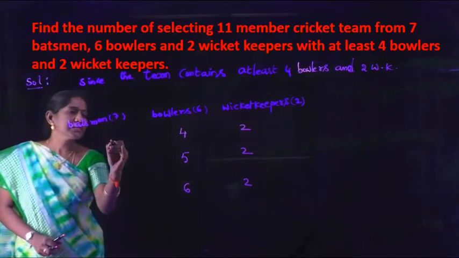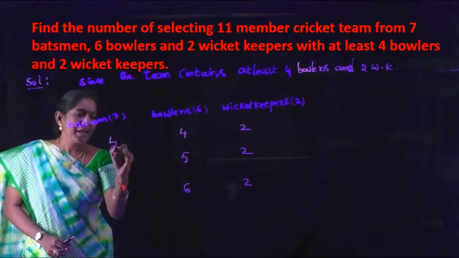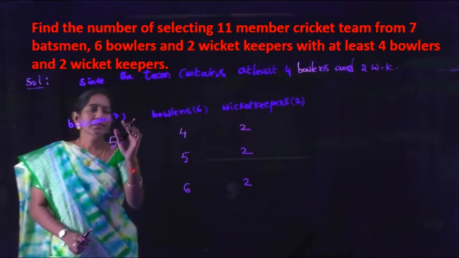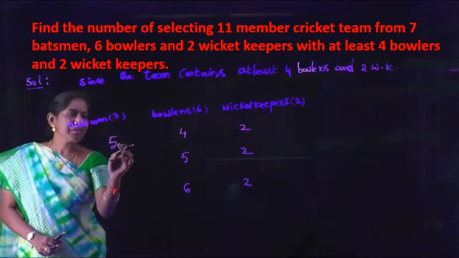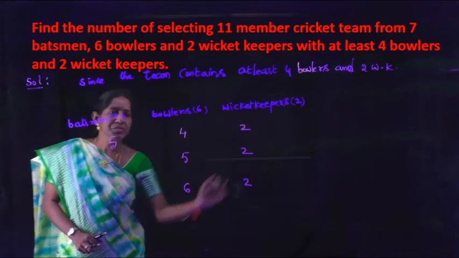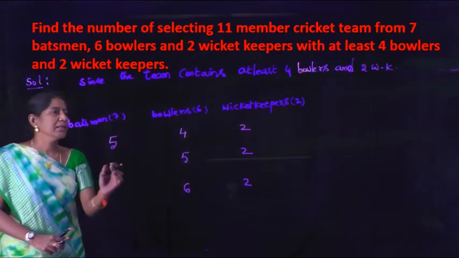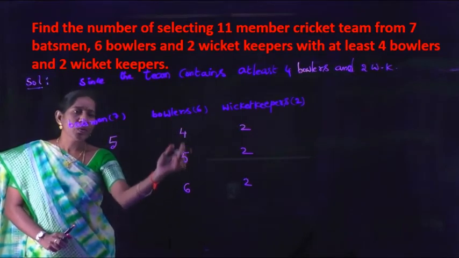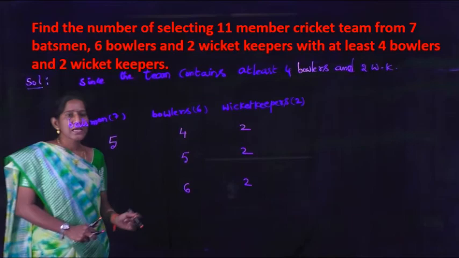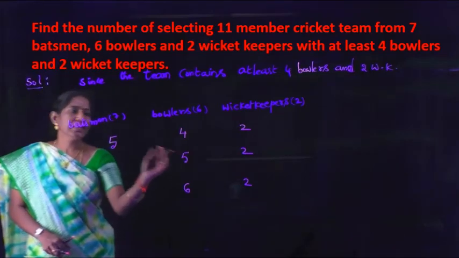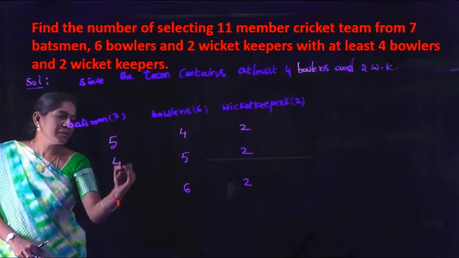Then this is 5. Select 5 batsmen. So this can be done 7C5 into 6C4 into 2C2 ways. And here, if we select 5 bowlers out of 6 bowlers and 2 wicket keepers out of 2 wicket keepers, then 4 batsmen will come.